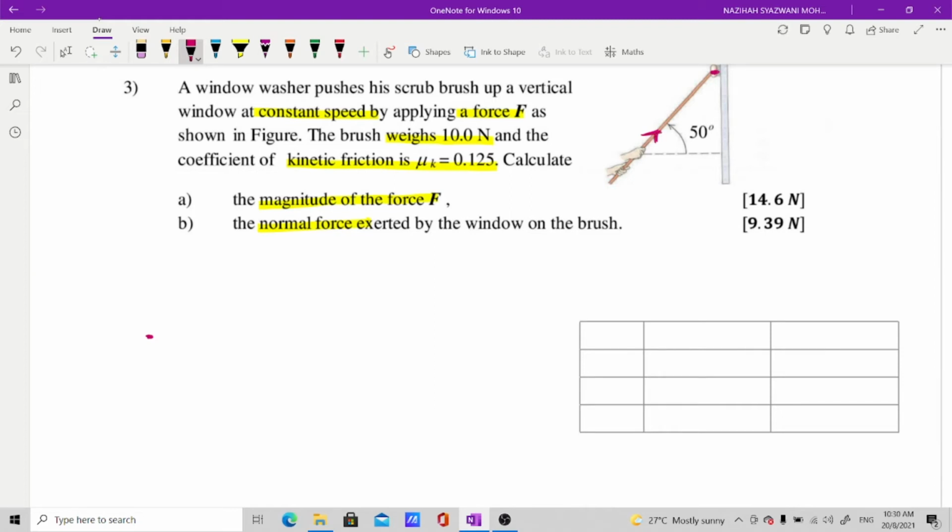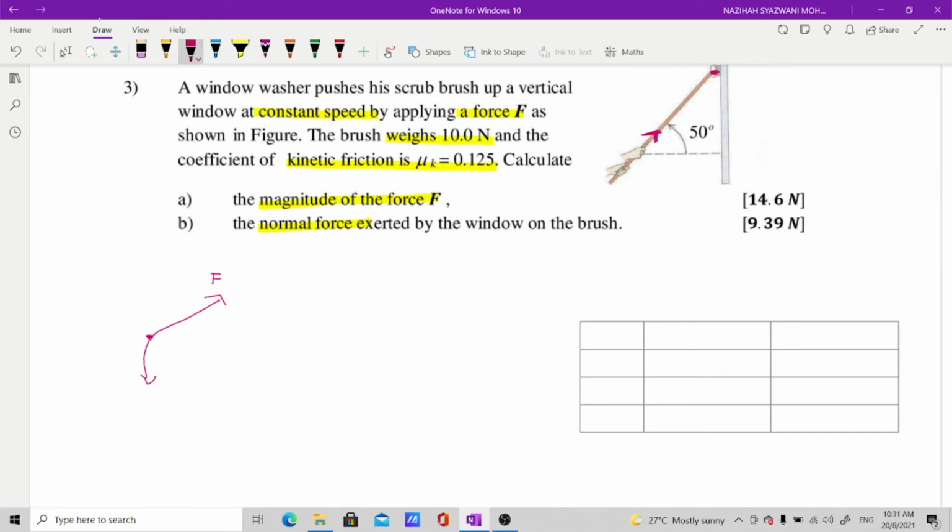If we transfer this to a free body diagram, you get something like this. So that is the external force, the push force. And then it says that the brush weighs 10 Newton. So this is the weight of the brush.